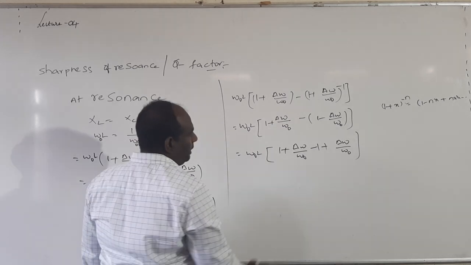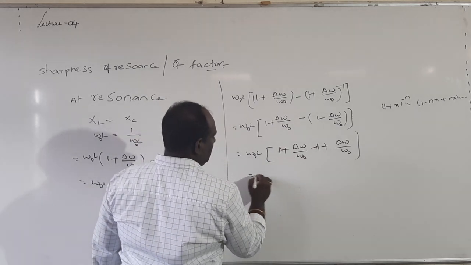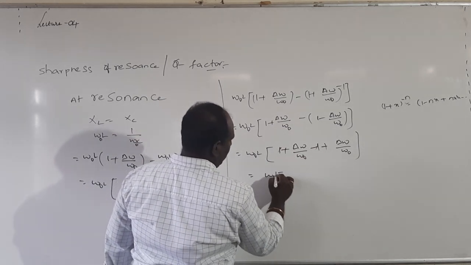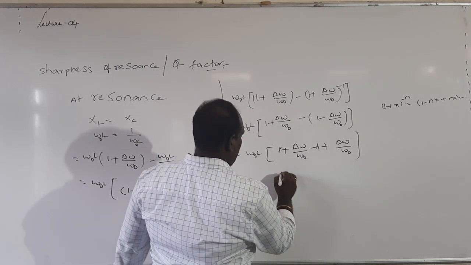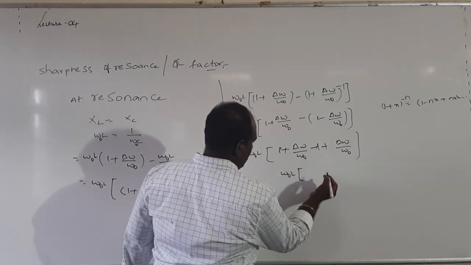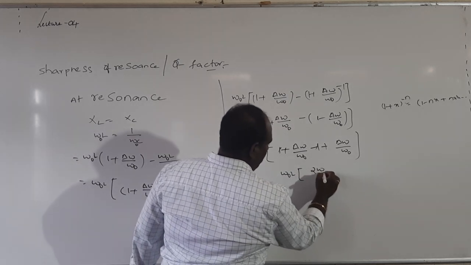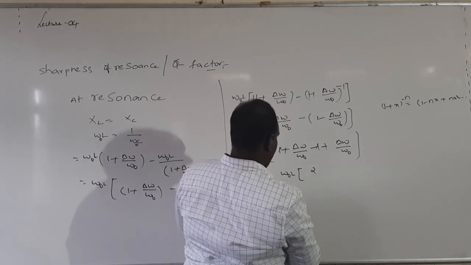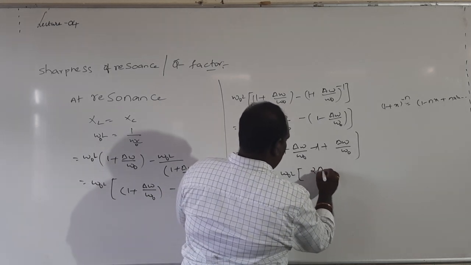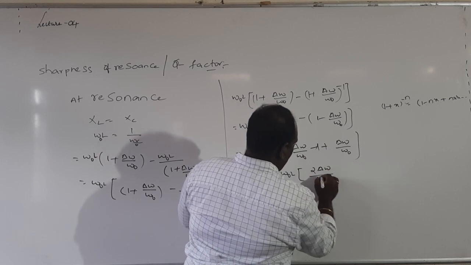This minus can cancel, so we will get omega naught L into 2 delta omega by omega naught.